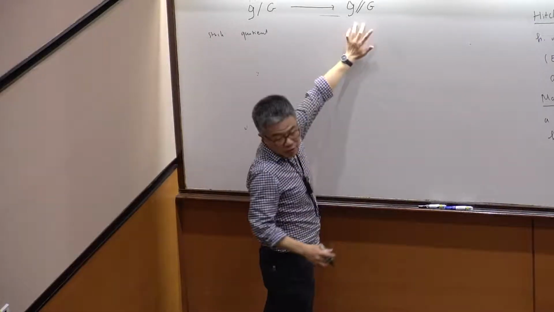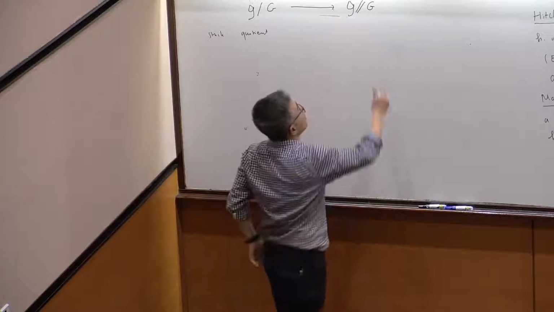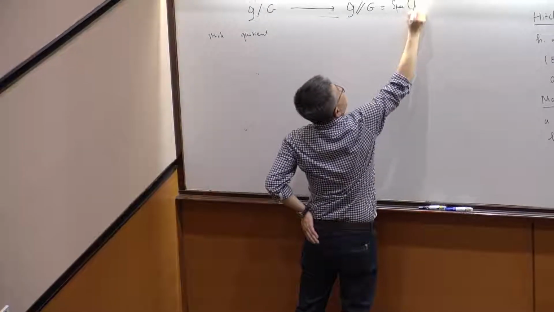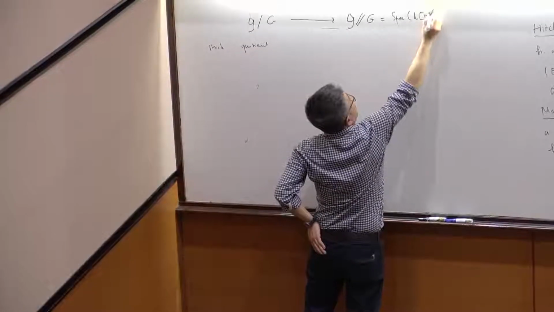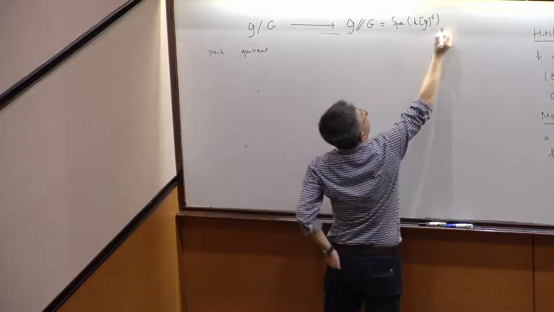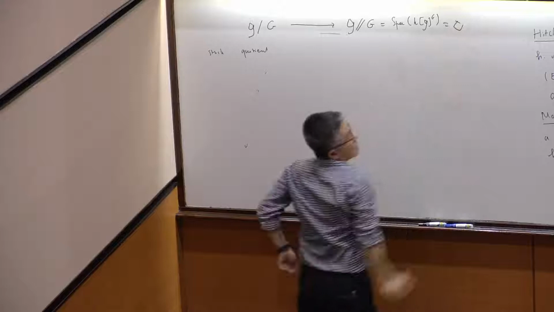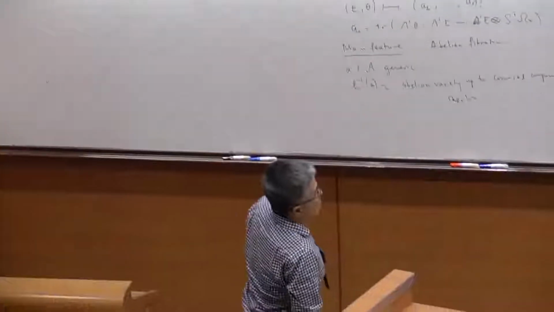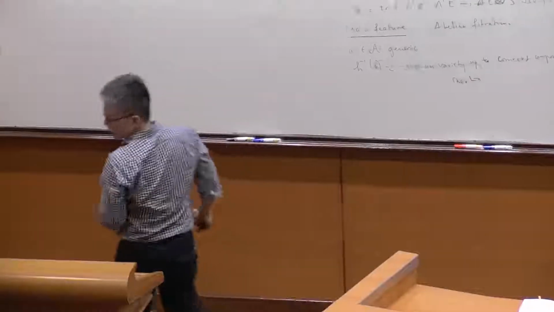So this is a unified space. This is the Spec of k[g], and let me call this C, the Chevalley base.